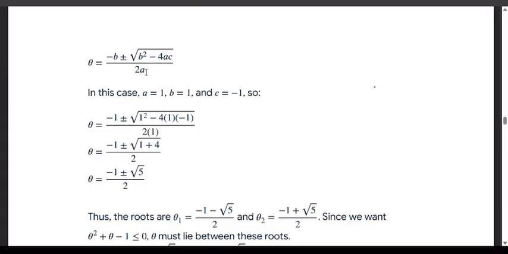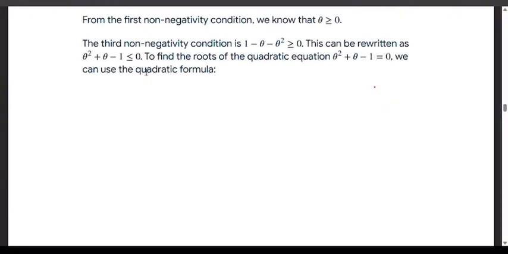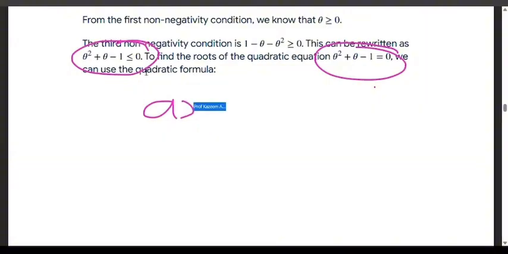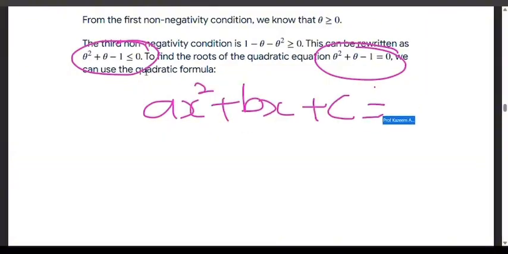If I want to solve a quadratic equation, I solve it when it is equal to 0. And of course, you remember from high school, a x squared plus b x plus c equals 0.